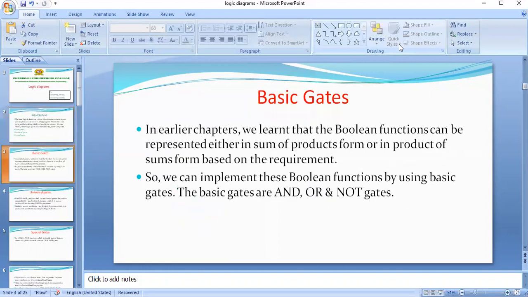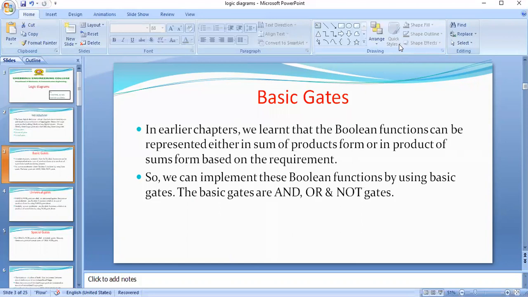What are basic gates? We know that any Boolean expression we can represent either in sum of products form or in product of sums form. If you want to design a circuit using SOP or POS, we can implement that type of Boolean function by using only AND gate, OR gate, and NOT gate.